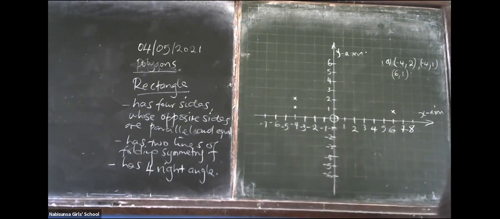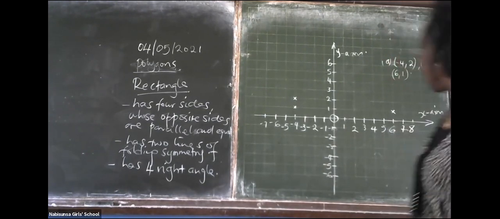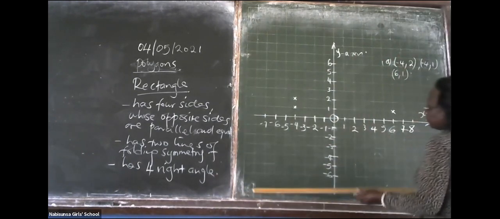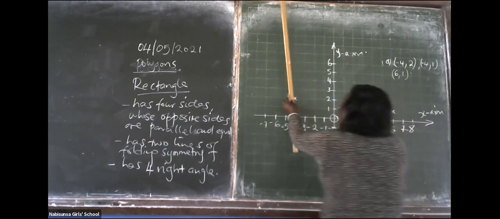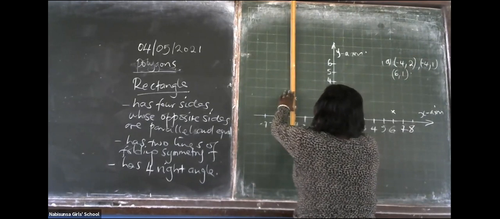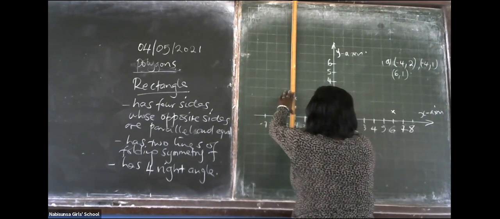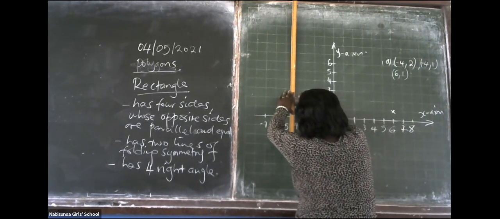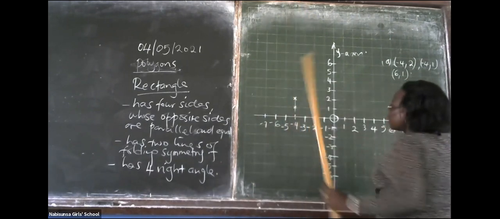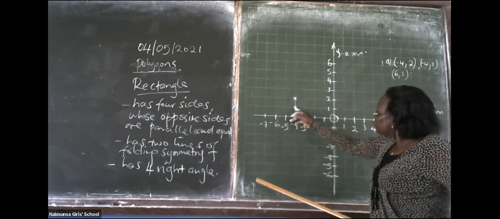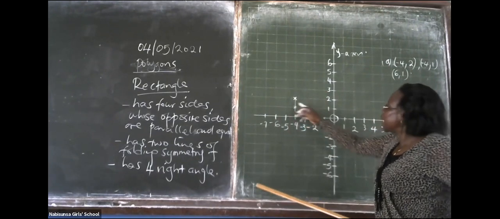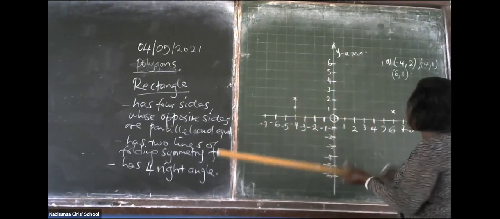So now we are joining what we have. Remember, the corner points form 90 degrees. The angles of a rectangle are 90 degrees. So when we join this point to this one, the other line that will be joined at this point will form an angle of 90 degrees at this point.